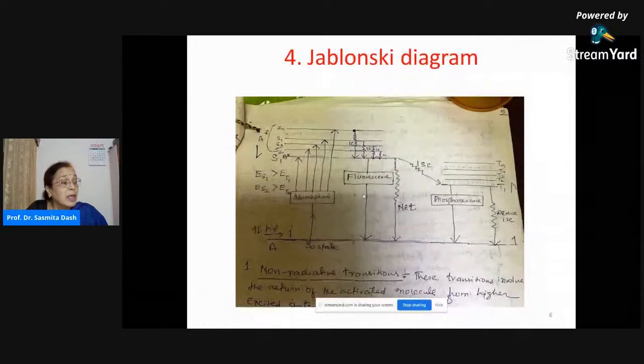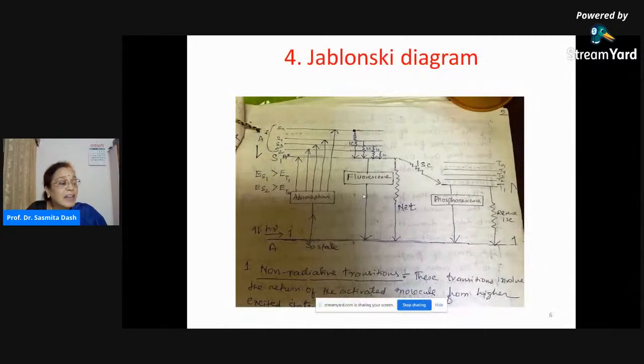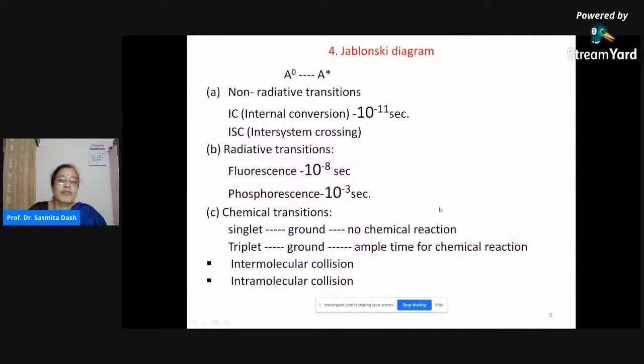The lifetime of the emission of phosphorescence is much longer, since the transition involves spin inversion, which needs some time for its occurrence. But whatever may be the case, either fluorescence or phosphorescence, both come in the category of radiative transitions.